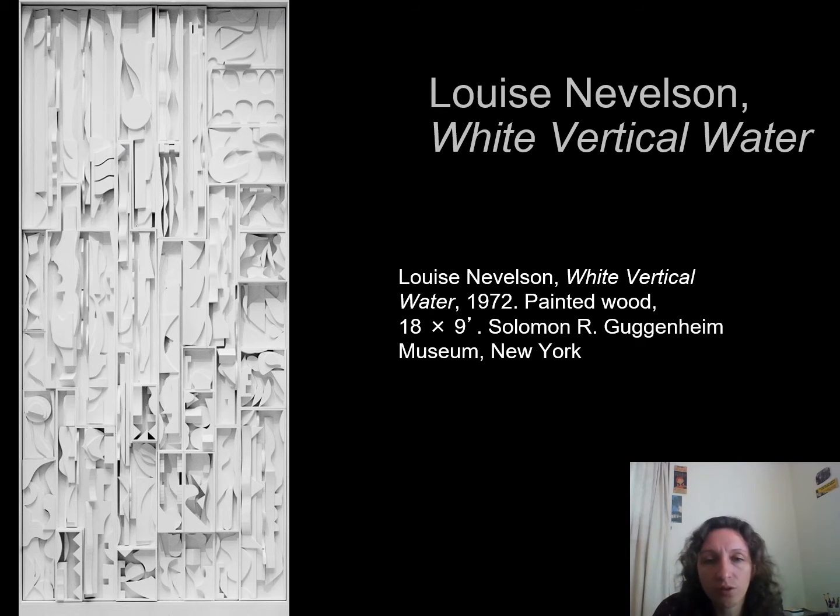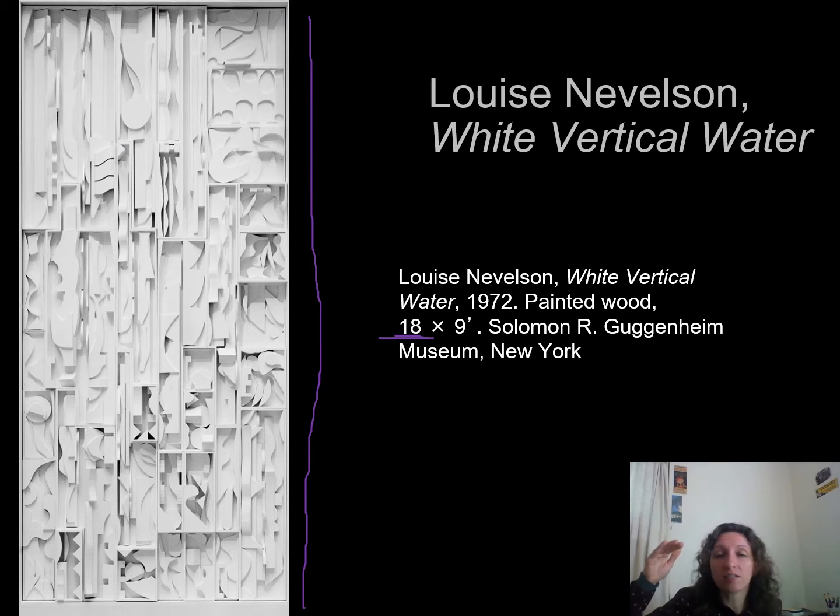It's important to note that this artwork is about 18 feet tall, roughly the size of a two-story house. Standing down here, looking up at this, you're going to feel that power of the water, the same as Niagara would have had. But it's a very abstract representation of that.